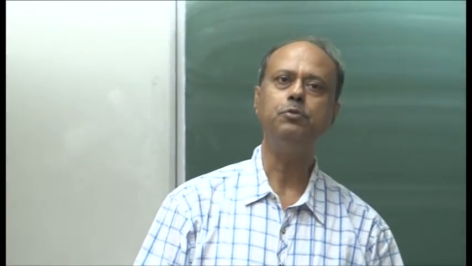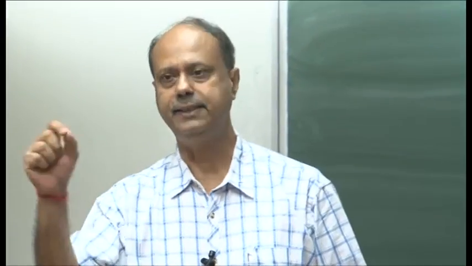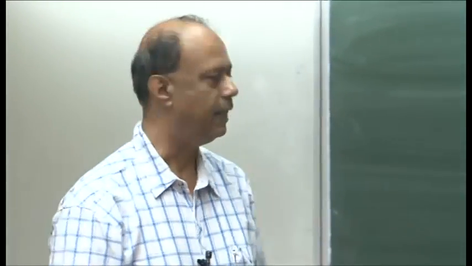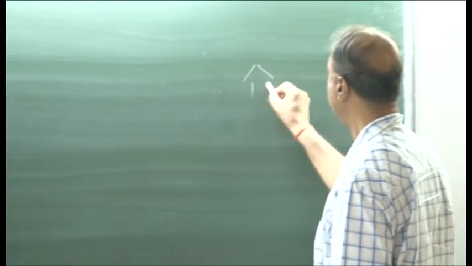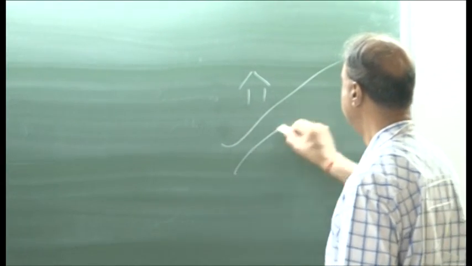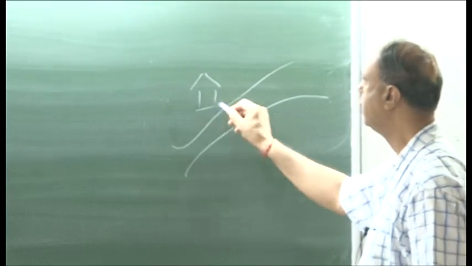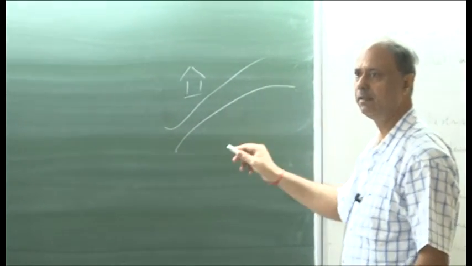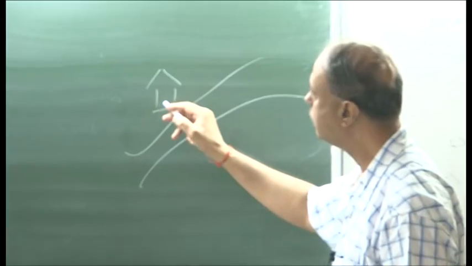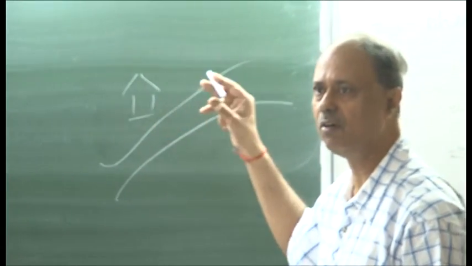For example, suppose I want to see only the edge of an image. What is the edge of an image? Suppose I have a house here and here is the path, and I don't have to see the color or the texture of this.